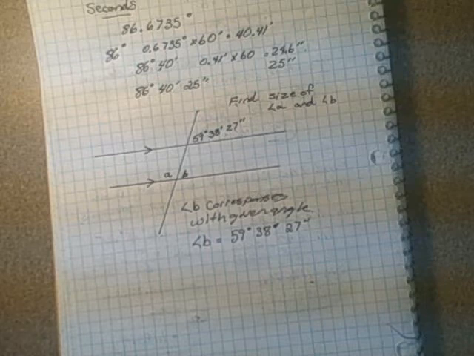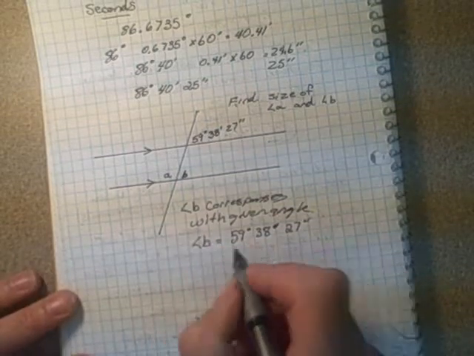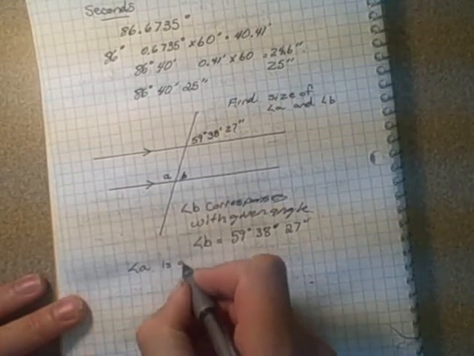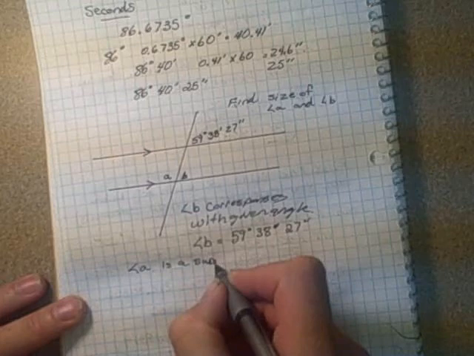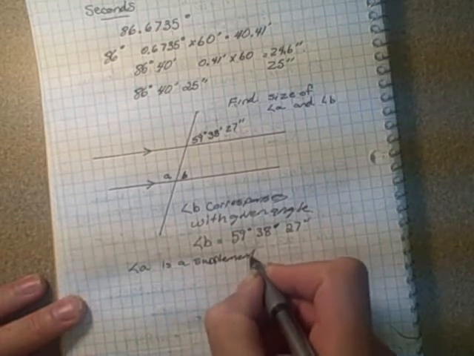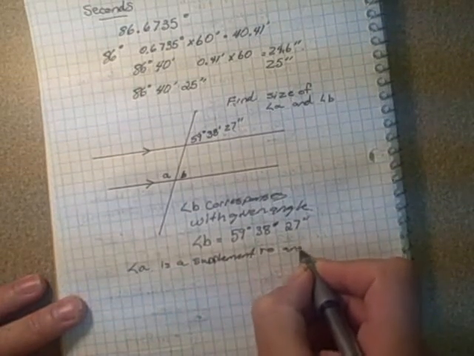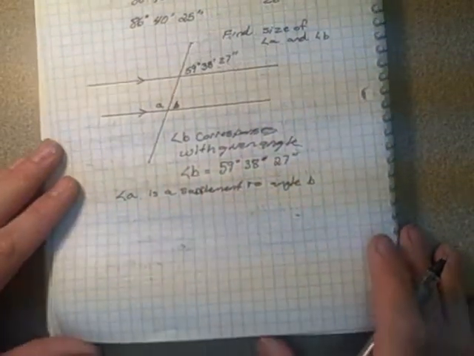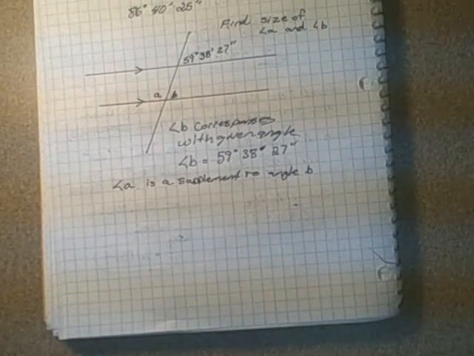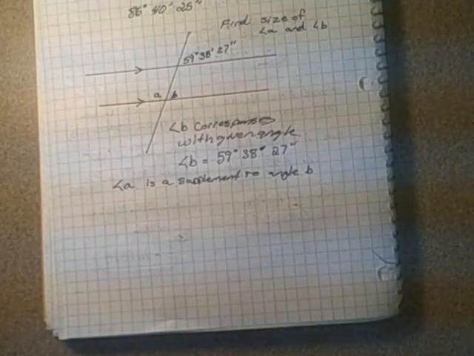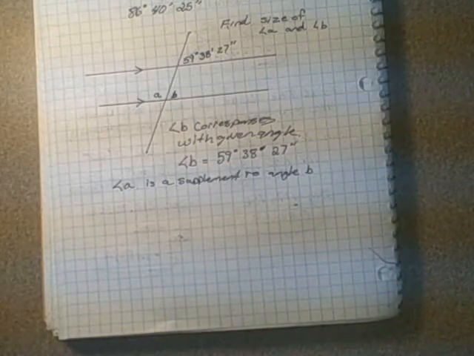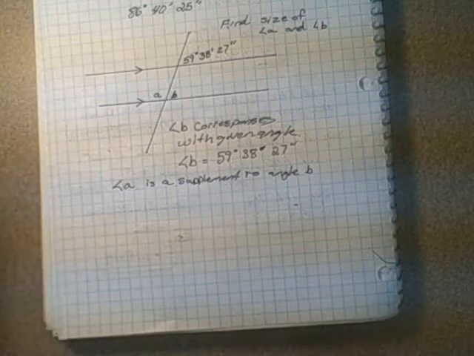Okay, so that means we have calculated B. Now angle A is a supplement to angle B. So that means we can subtract the value of angle B from 180 degrees to get our value for it. This is a little bit different than regular subtraction because you have to remember the 60 degree thing and the 60 minute thing.